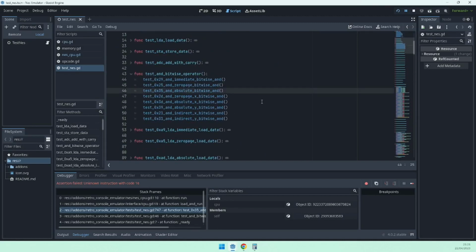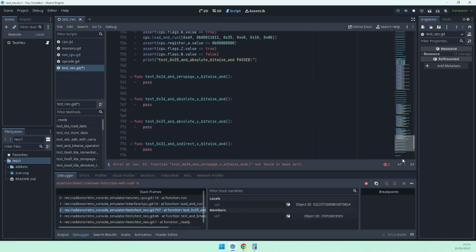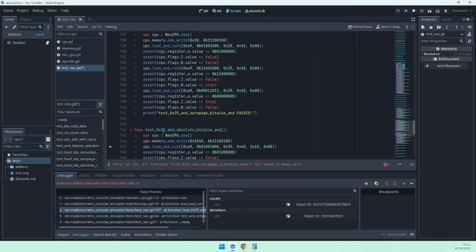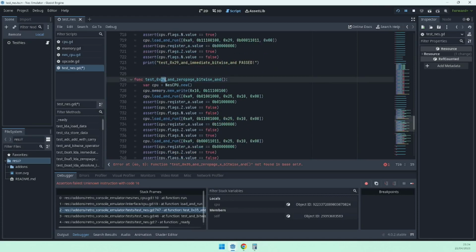Seems like I messed it up here. This one is 35 and this one is 2D. And now I have to fix this function signatures. 2D, 35.